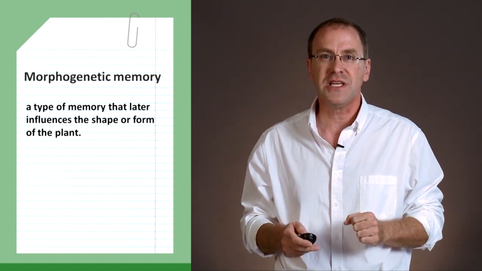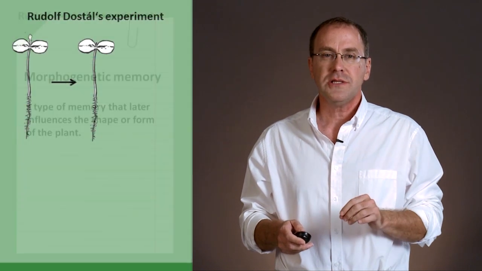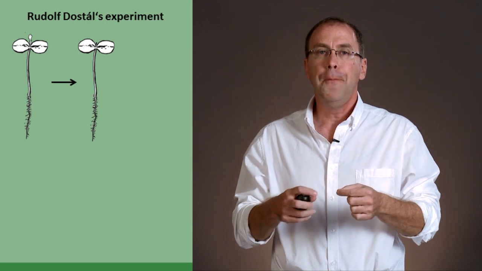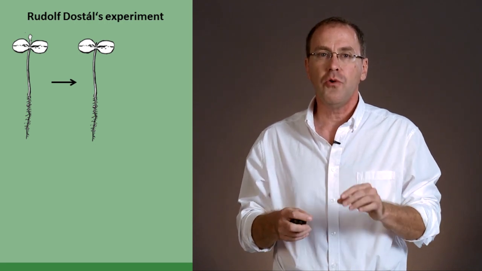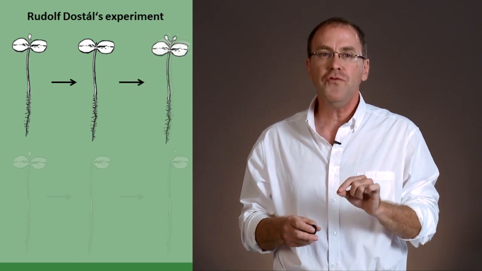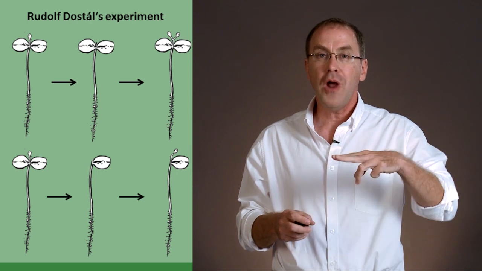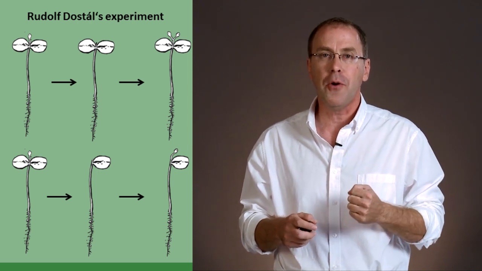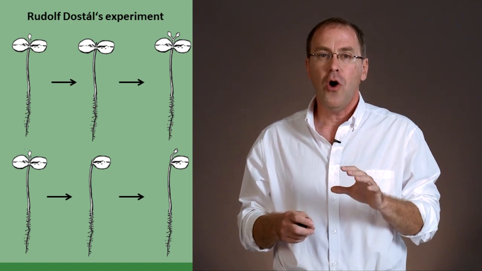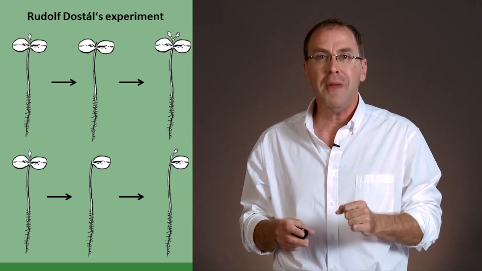Let me give you an example of the experiment that he did. So under normal conditions, with apical dominance, if the apical bud is pruned off, both lateral buds will grow evenly. But what Dostal noticed is that if he removed one of the cotyledons, one of the embryonic leaves, prior to removing the apical bud, prior to decapitation of the apical bud, then the only lateral bud that would grow was the one that was near the remaining leaf.